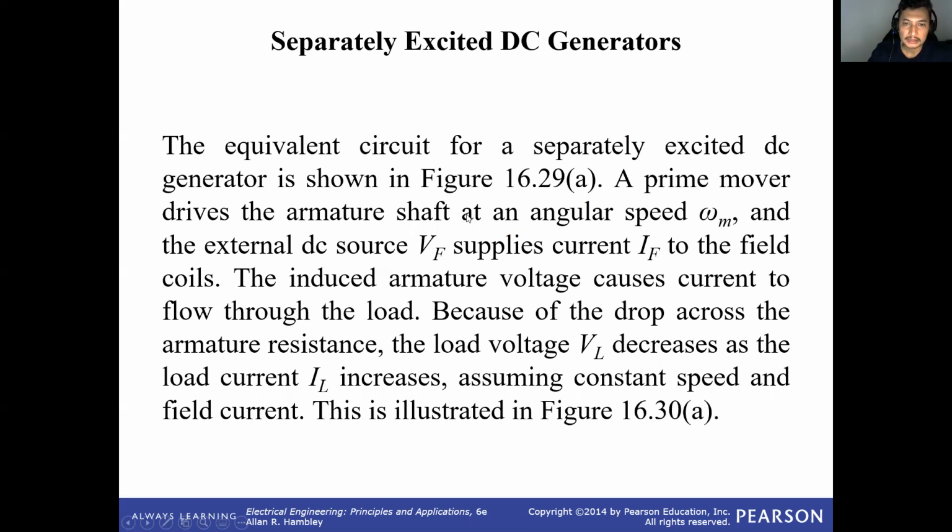An external DC source is supplied to the field circuit to produce the flux. From that interaction, we induce the armature voltage, which is EA. When you connect a load, it will produce a current and also a voltage.